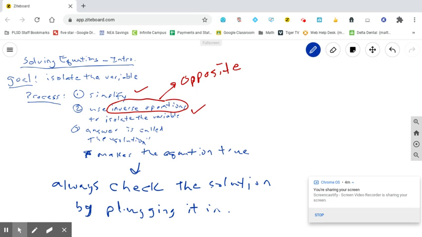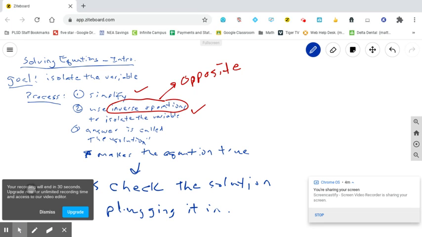Once you go through and solve it, you should then check the solution. Since it always makes it true, you should get two equal statements on either side. Up next, we have some examples.